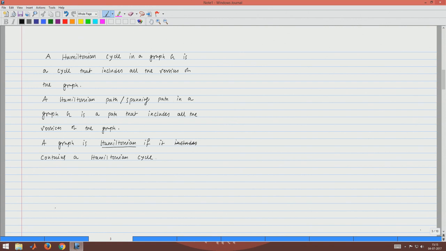Now, let me give some examples of graphs. Say this is one graph with these vertices. Now, these two are adjacent.